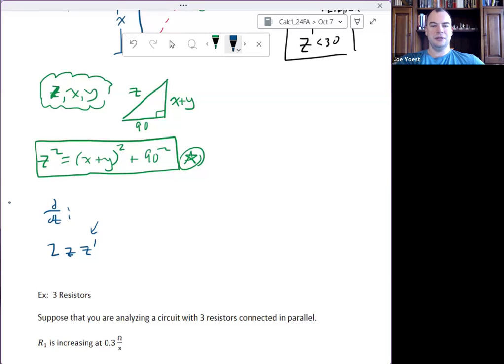There's dz dt. And d by dz of z squared is 2z. On the right side, I have 2 times x plus y to the first. Let me not write the first there because that looks like a prime. Times x prime plus y prime. And of course, d by dt of 90 squared is just 0. That's just a constant.